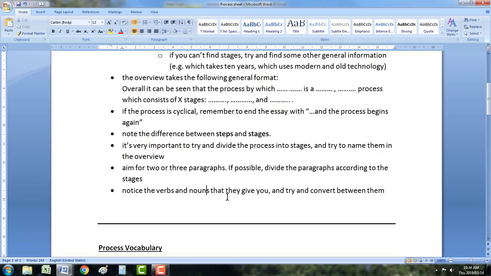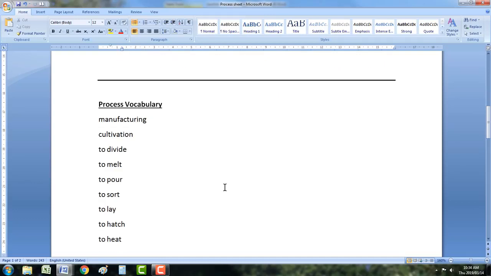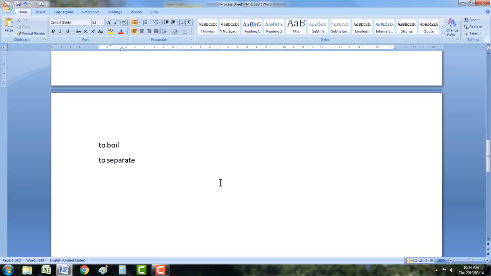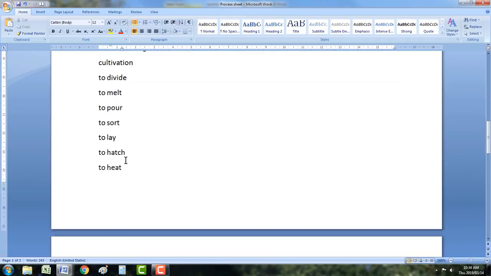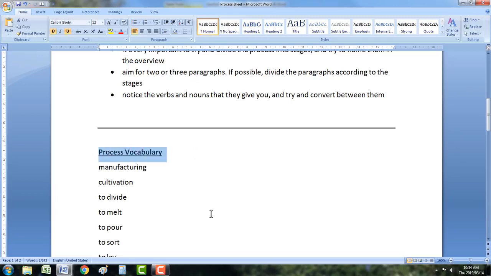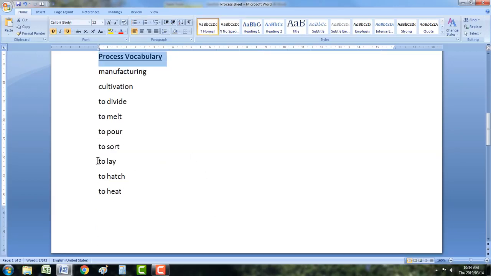These are called word forms: nouns, verbs, adjectives. So change between them. I've added some vocabulary here, but I mean you could add and add and add. I just put this here because you should try and develop your own process list. For example, these 2 words over here, these are to do with eggs.